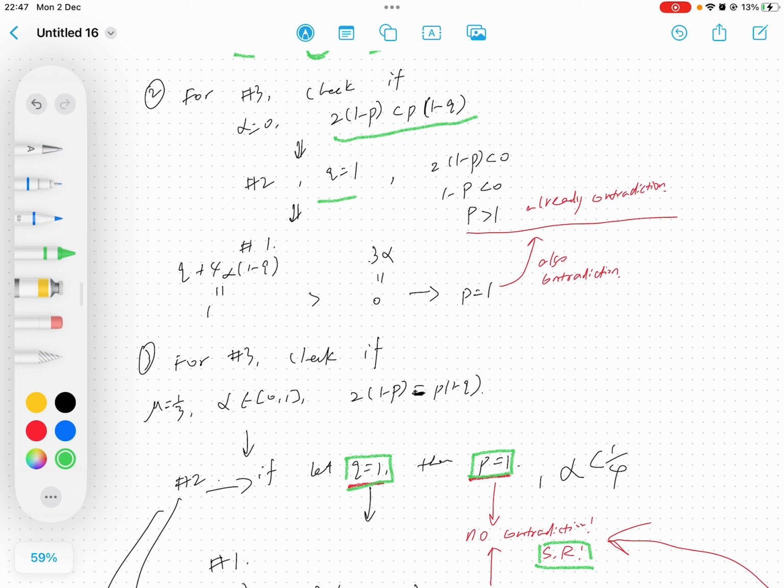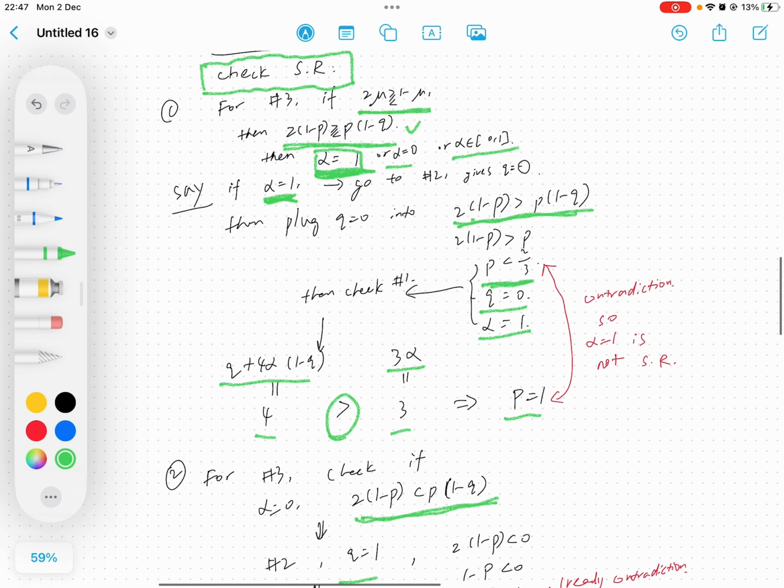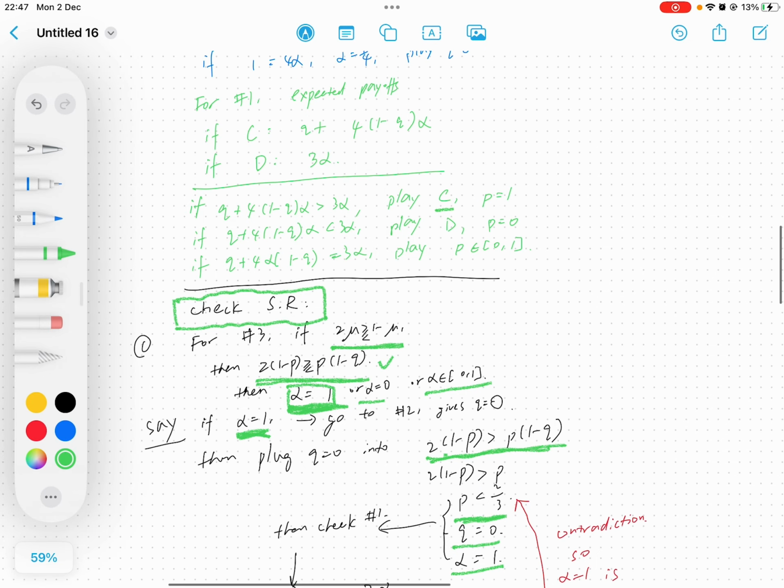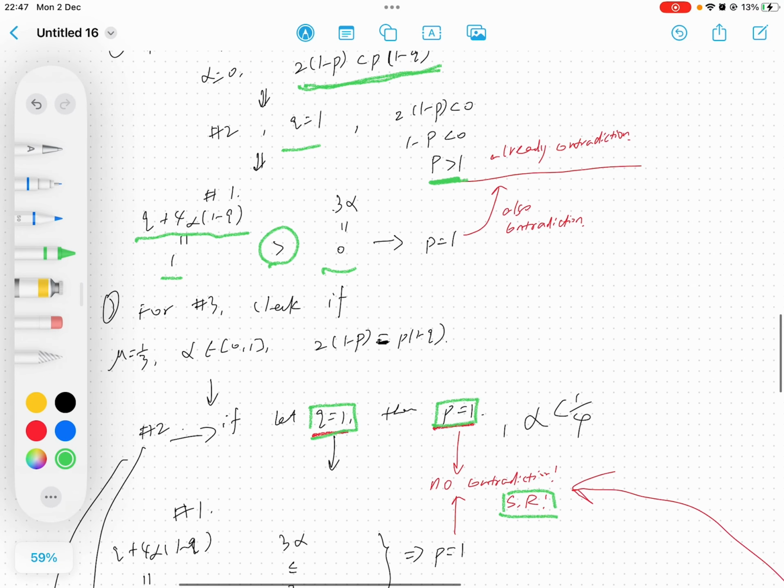If q is 1, then we plug into this inequality, and we find that p is greater than 1. Then we use those results in player 1's utility, and the left hand side gives us 1, and the right hand side gives us 0. This greater sign means that p is 1 again.